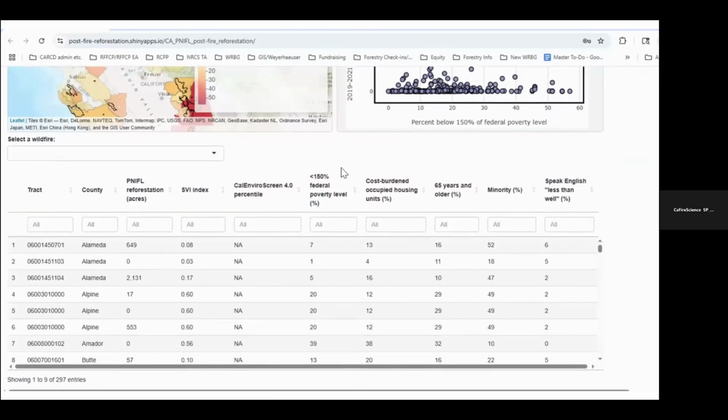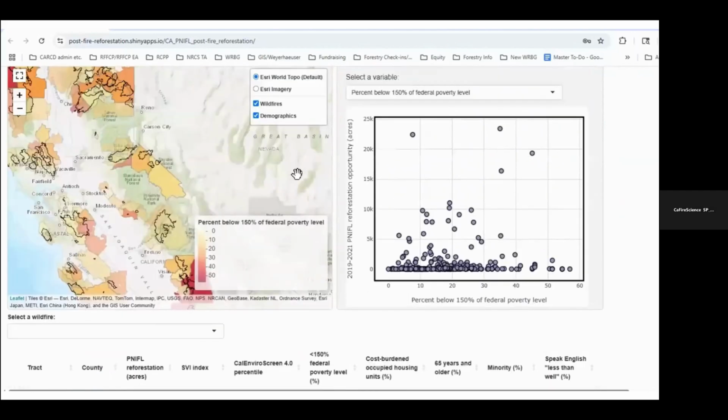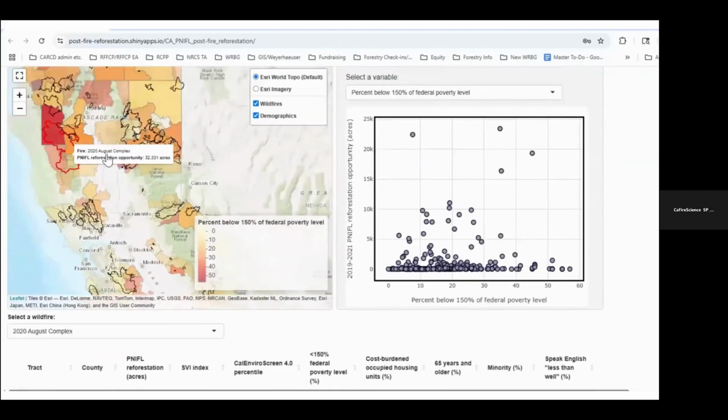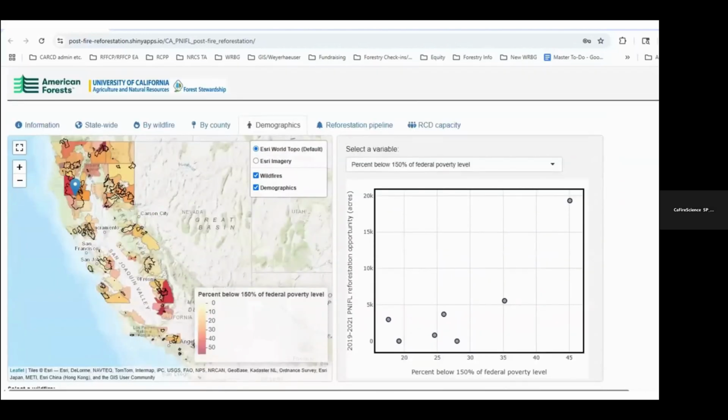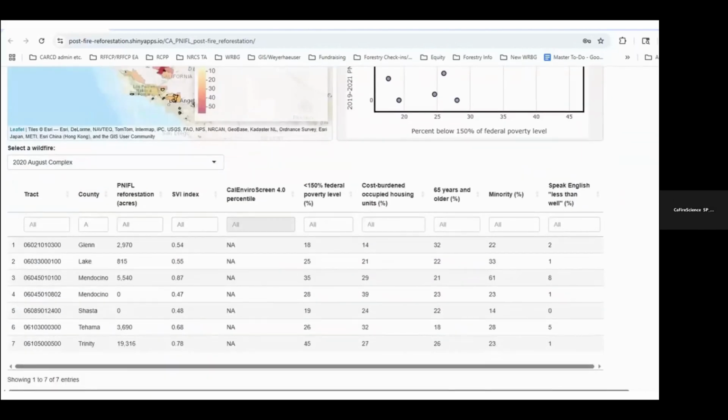Or I could click on a specific fire to get details there. So here you can see all the counties affected by the 2020 August Complex fire. And I can tell there's much opportunity for reforestation here in Trinity County. And there's also a relatively high percentage of people living below the poverty line. So that, again, could have been really helpful for directing those funds.